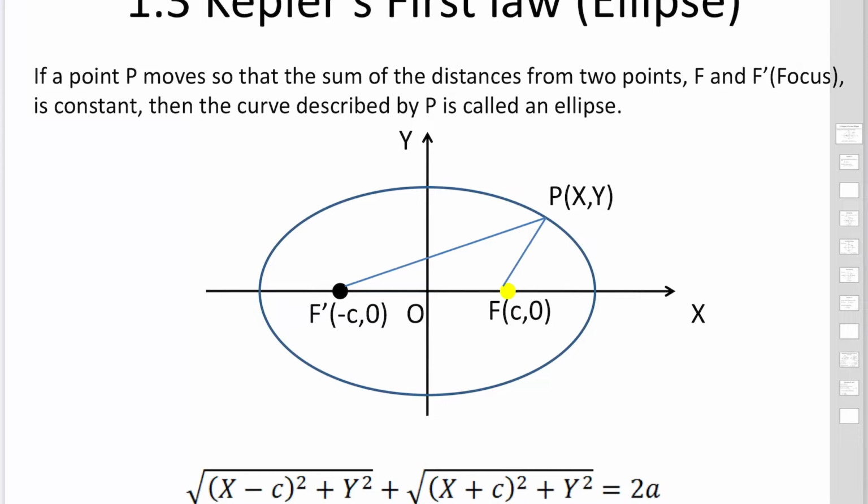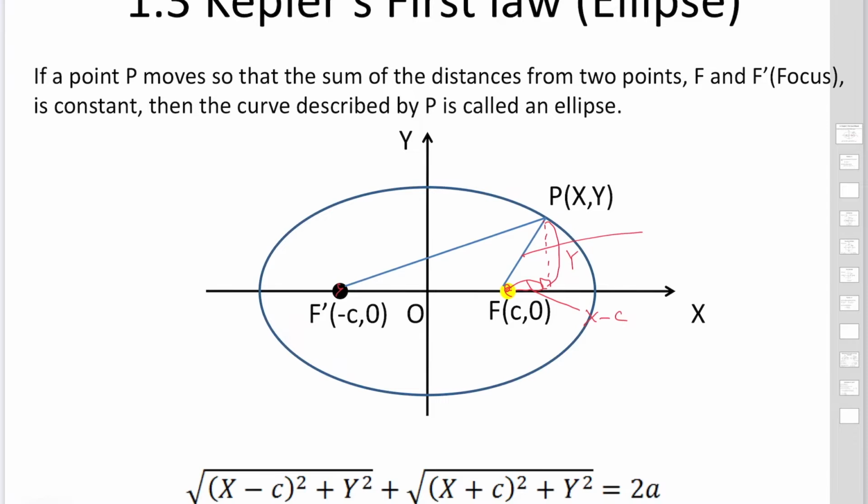Then we'd like to find out the distance between the two foci. This focus and this focus. So taking the triangles, this length is y. This length becomes x minus c.